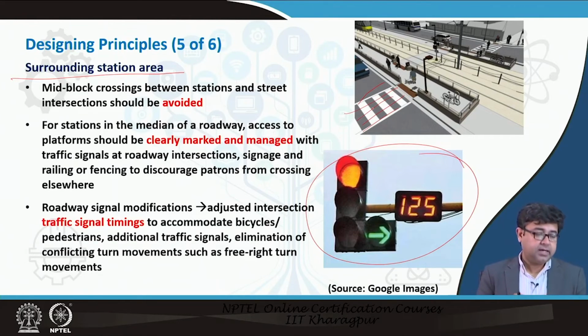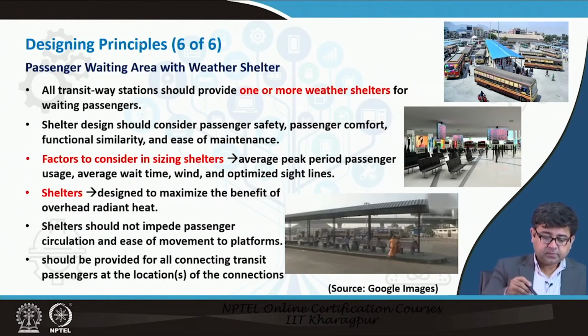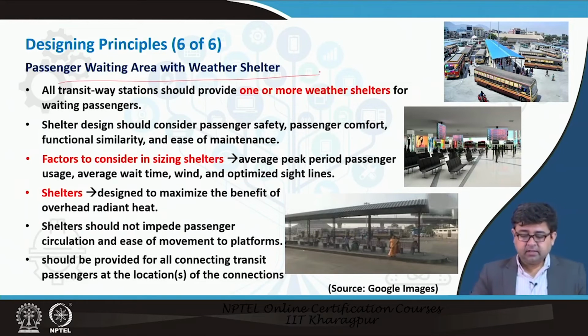So keep that in mind. Always include the station area in your design. And finally, the passenger waiting area and weather shelter we have already looked at. A very important aspect you have to have, even if it is a basic shelter. You would rather err towards having the basic shelter than not having it.